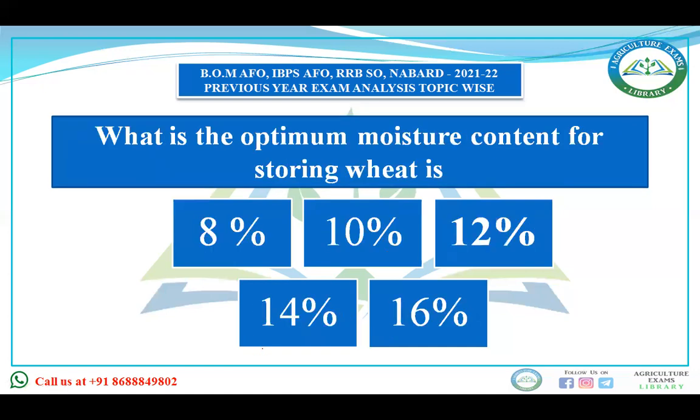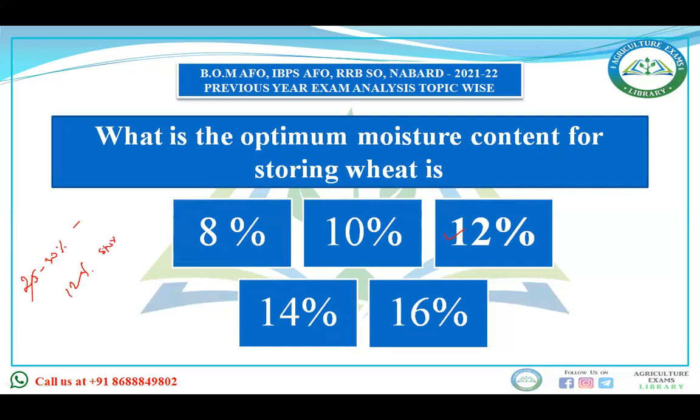What is the optimum moisture content for storage of wheat? Is it 8%, 10%, 12%, 14%, 16%? Then the right answer for wheat is 12%. Every crop has different moisture content needs at harvesting. Wheat requires 25 to 30% moisture at the time of harvesting and 12% moisture at the time of storage.